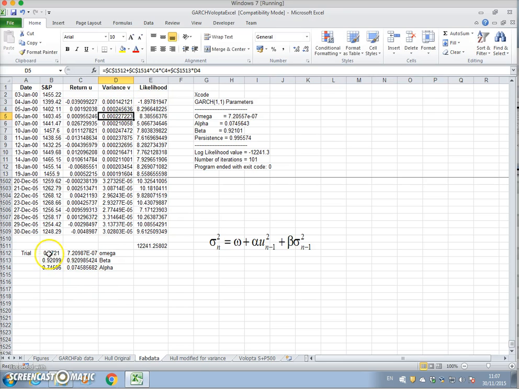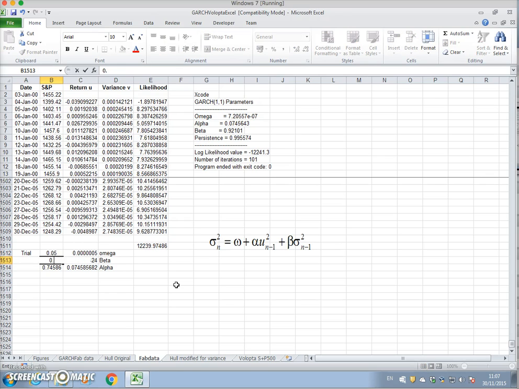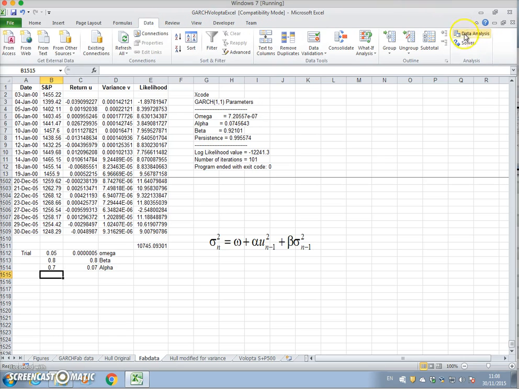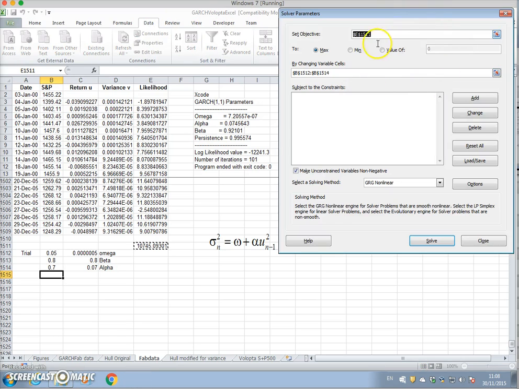Now if I put in other values, so let's go 0.05, 0.8 and 0.7, something like this, and then go to data, Solver. What we have here is, we want to maximize this cell here.